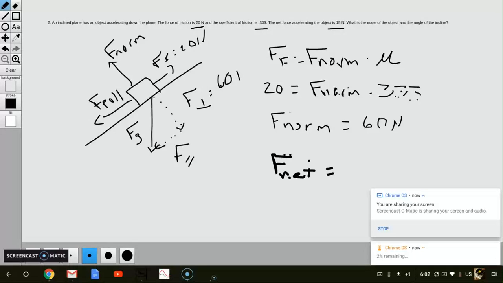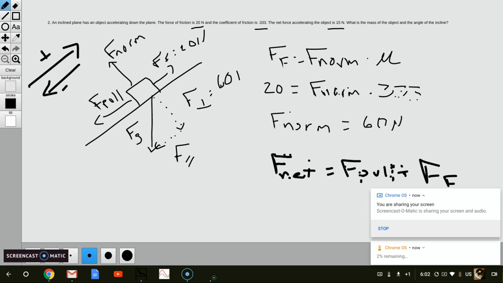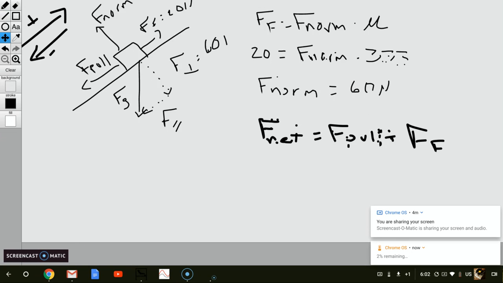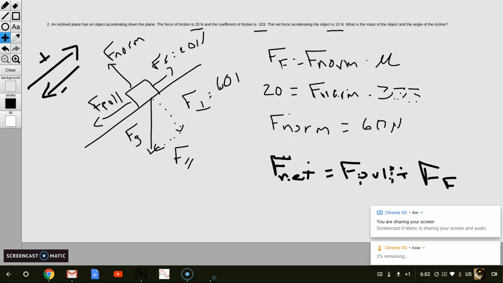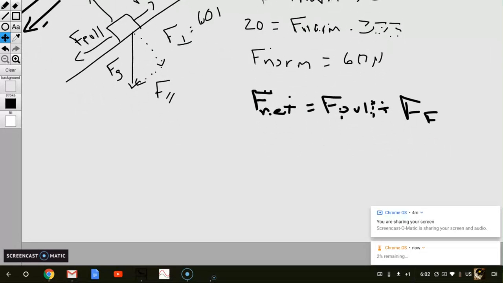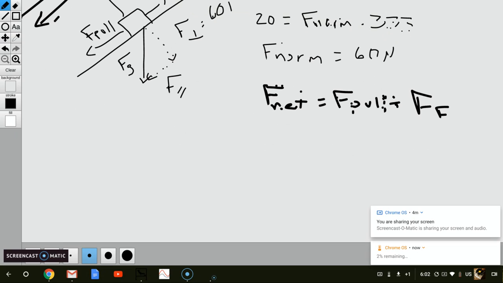So F net will be equal to the sum of all the forces, which will be F pull plus F friction. Now, remember, this way is going to be positive. This way is going to be negative. So, with what we've got, F net should be negative, so this will be a negative 15.